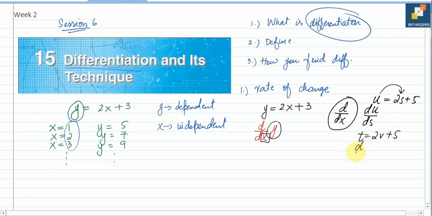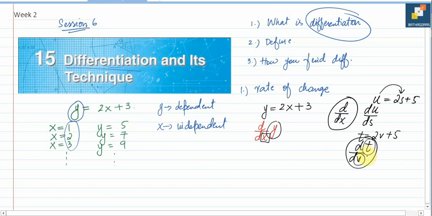Now it will be d by dv of t, the representation of t with respect to v. If we read that, it says the rate of change of t with respect to v. So that is how you define differentiation.